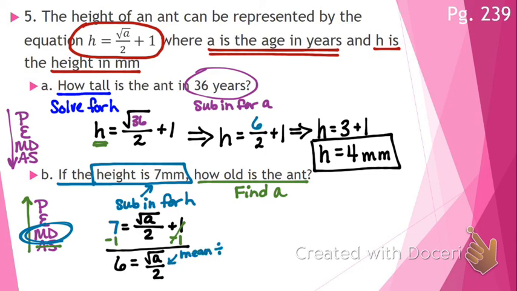And what operation undoes division? Multiplication. I'm going to multiply both sides by 2. It's going to make my 2's cancel out there. I'm going to bring my work up and around here. 2 times 6 is 12, so I have 12 is equal to the square root of A.